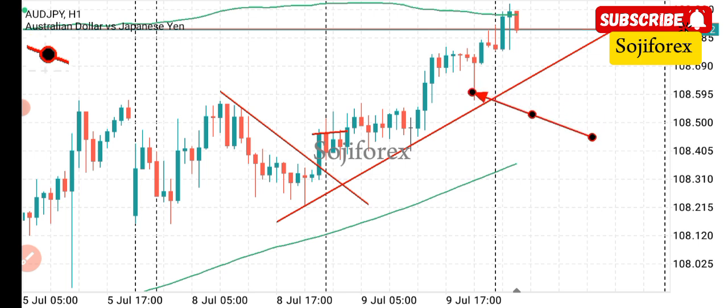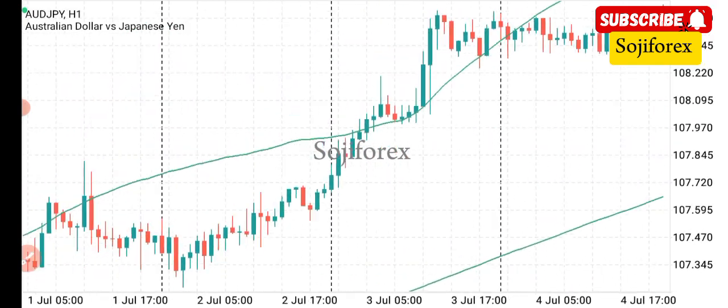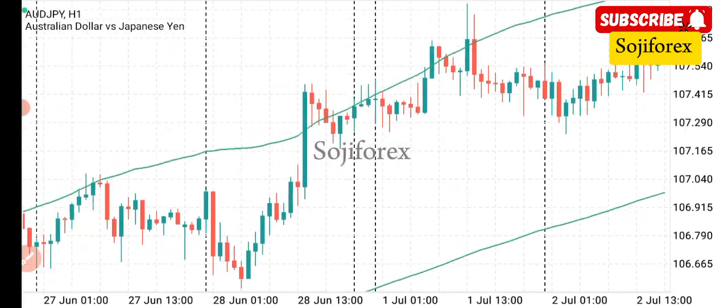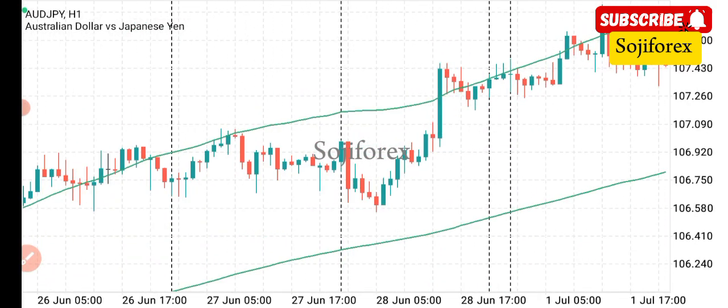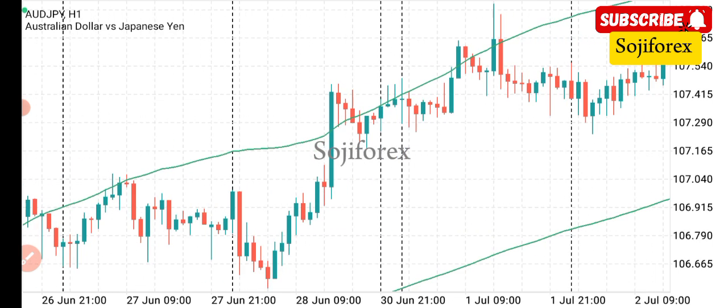And then this particular one becomes our third entry, and you see how price is moving, none closes below this. So this becomes our controlling candle. So you realize that the controlling candle hardly gets filled by the next candlesticks.